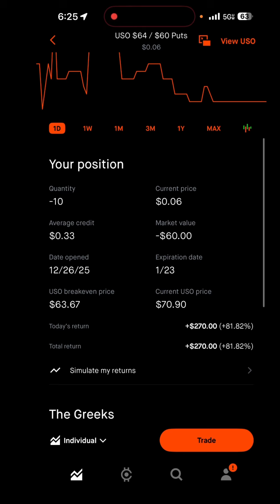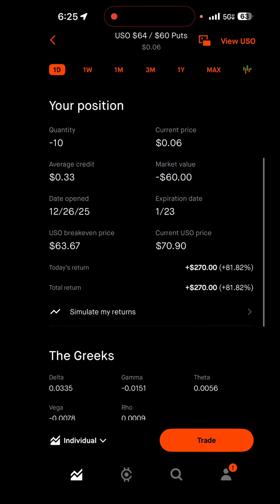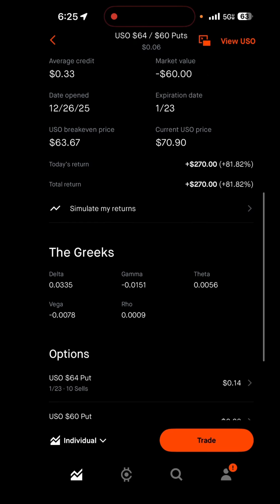So we started out, we opened the position for a 33-cent credit. Current price is now at 6, so it has moved in our favor. Total return is $270. And we've seen the Greeks. The delta is only 0.03.